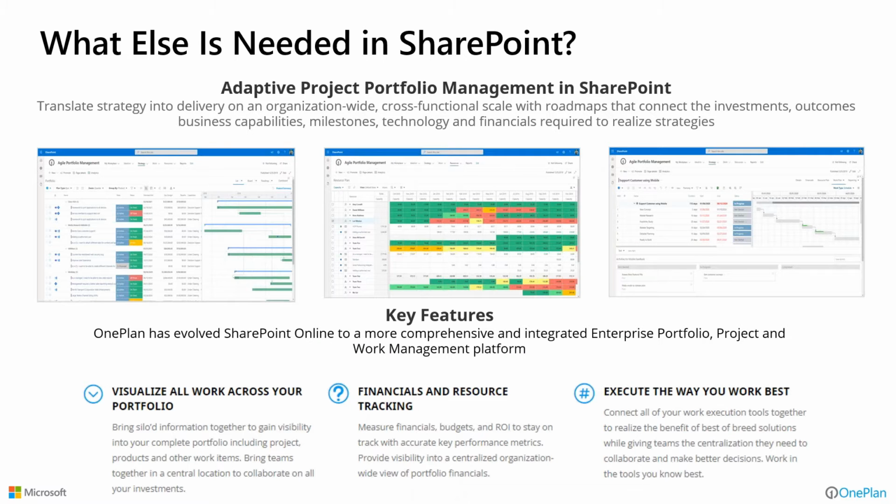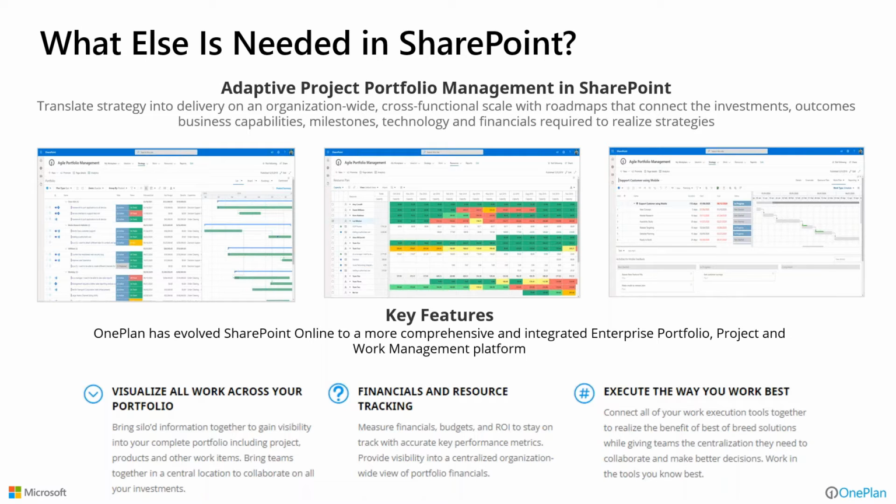So if we think about what else is needed in SharePoint to provide a full adaptive portfolio management solution, you really have to have the ability to do time phasing of data, whether it be timelines in your portfolio or the detailed schedules in your projects, or resource capacity planning, which by its nature has to have time phasing in order to work.